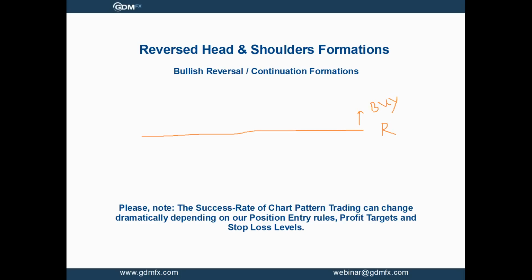So what we would like to see is a candle which is opening below the resistance line and closing above it. We do not care about its shadows, its higher and lower extreme. We want to see open below, close above the line.